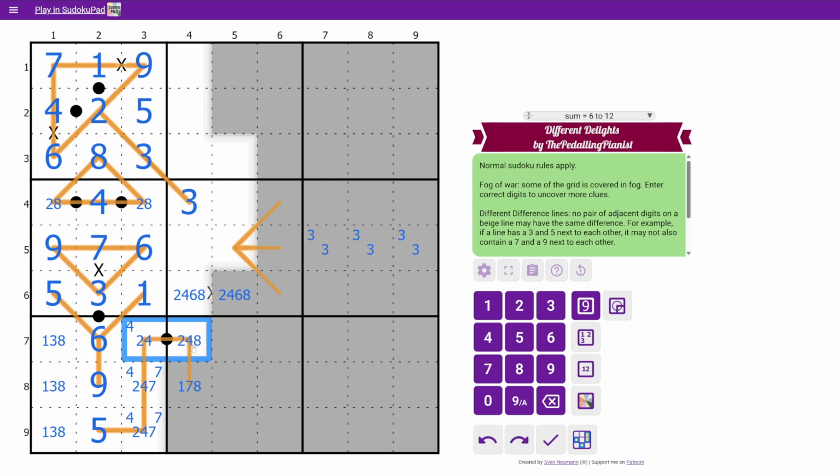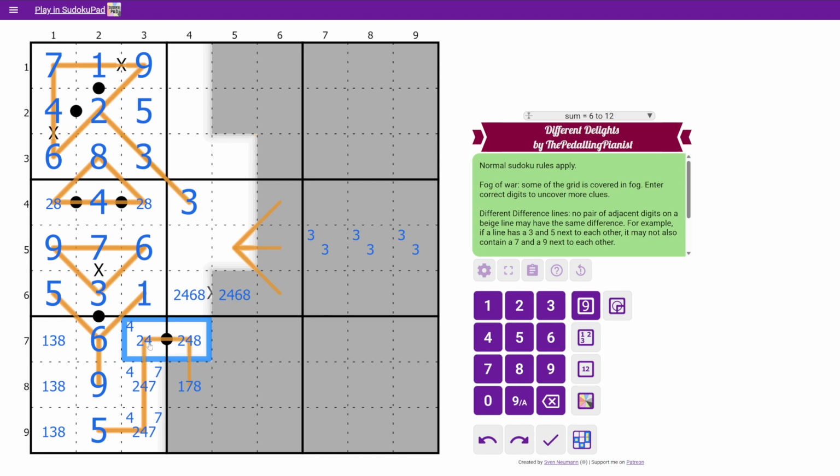If it was 2, 4, I have a 4 and a 7. The 4 couldn't go there. The 4 would go there. That's that one way. Okay.